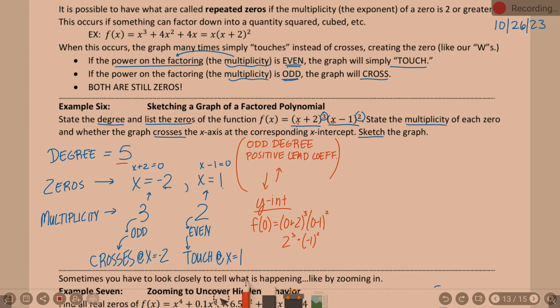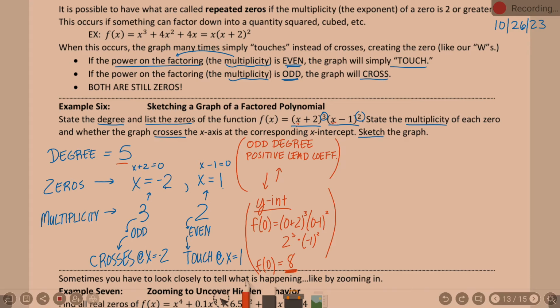Negative 1 to the second is 1. 8 times 1 is 8. Again, helpful information that I'm going to have a y-intercept at 8. Or in other words, f of 0 equals 8.